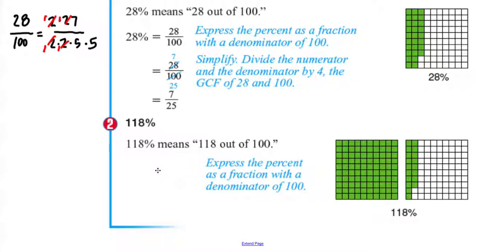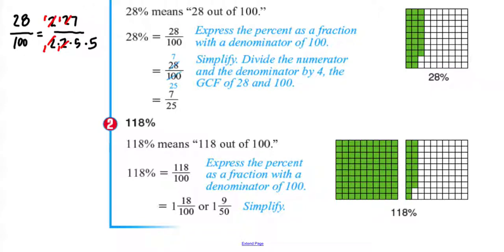So 118% simply means 118 over 100. Then we simplify, using the method that I showed you in example 1. 118 over 100 is the same as 1 and 18 over 100, or 1 and 9 over 50, using the prime factorization method.